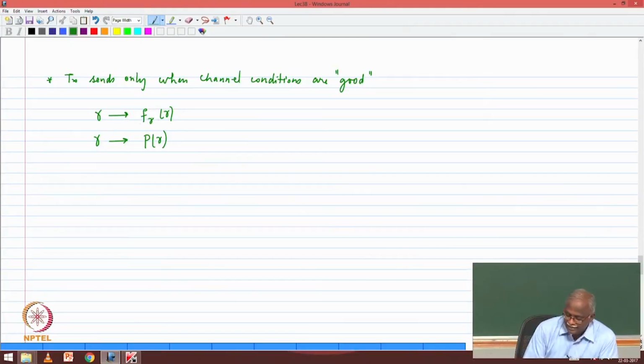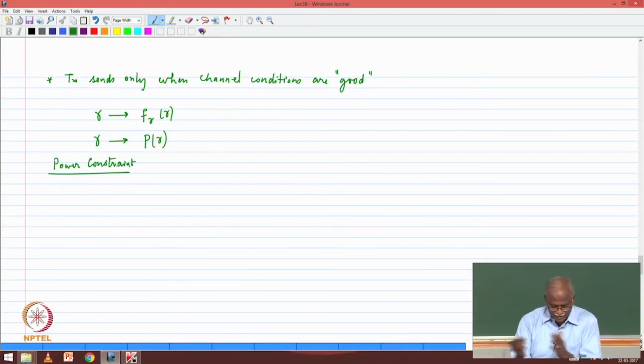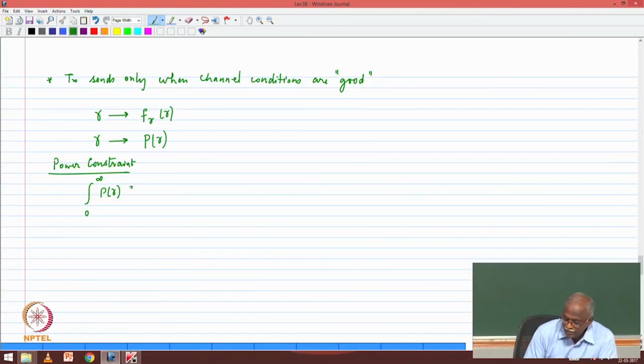But this cannot be something that is arbitrary, so you must have a power constraint. The power constraint is very important for us to keep in mind, because only then can we have a fair comparison between different schemes. This basically says the integral from 0 to infinity of P of gamma, that's the power that you allocate, weighted by the probability F gamma of gamma d gamma.